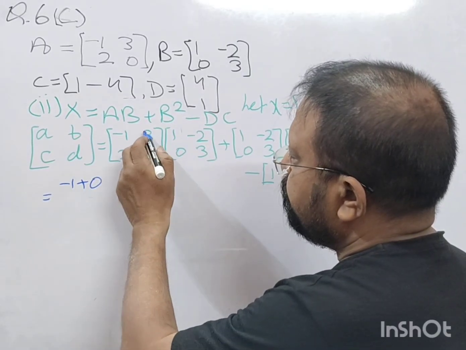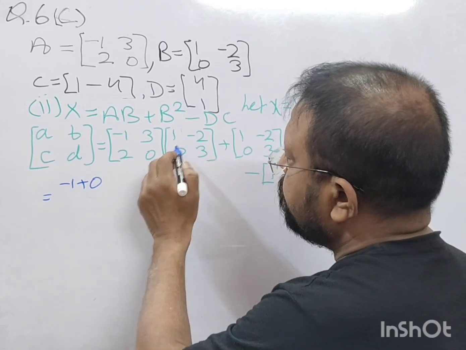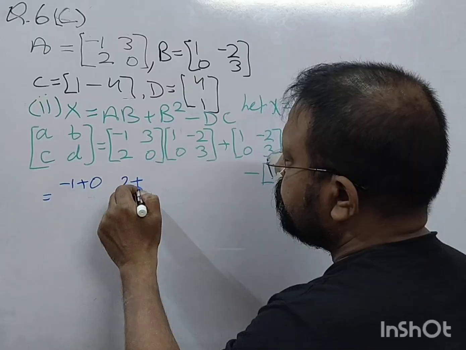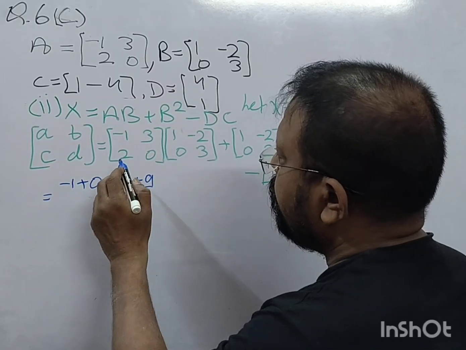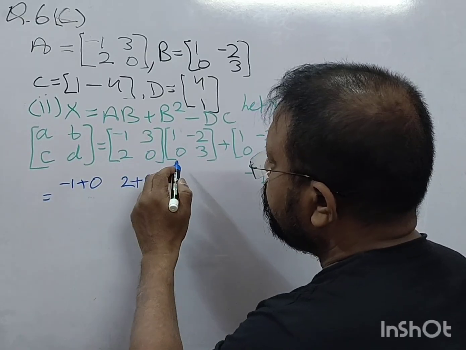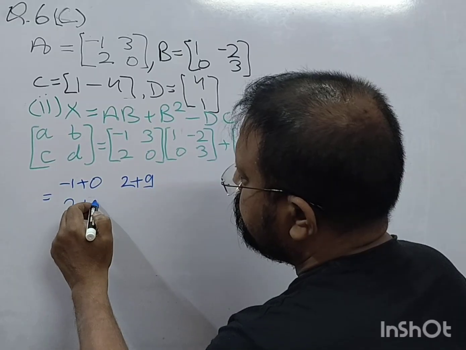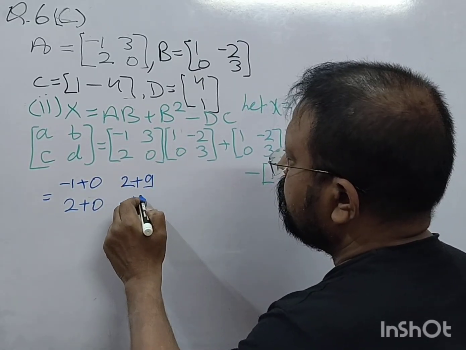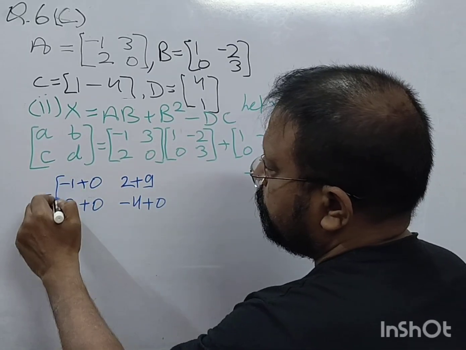Minus into 1 becomes minus, plus 3 equals 0. Right, minus 1 into minus 2 becomes 2 plus 2, 3 plus 3 becomes 9. And then we have 2 into 1 becomes 2 plus 0. And 2 becomes minus 4 into plus 0. This is what you get.